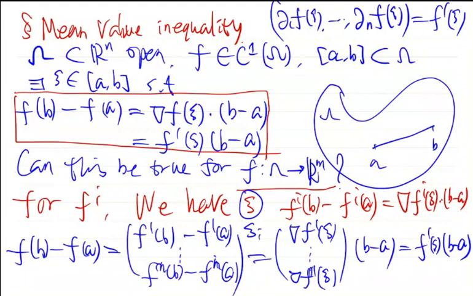But unfortunately, for different i, the c might be different, so this could not be written as f prime c. So this is c1, c2, ..., cm: every component has its own c. This is the problem. So for vector valued functions, you could not have a mean value theorem in equality form.